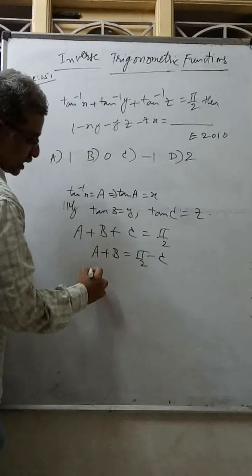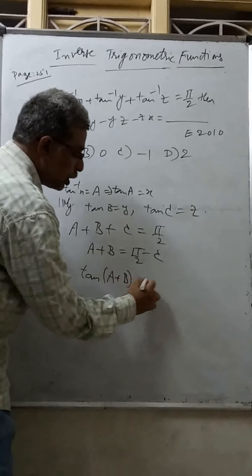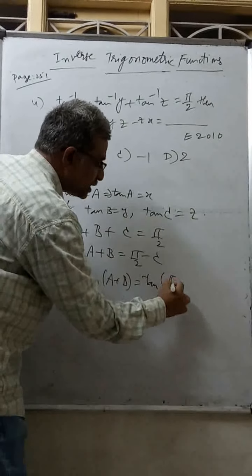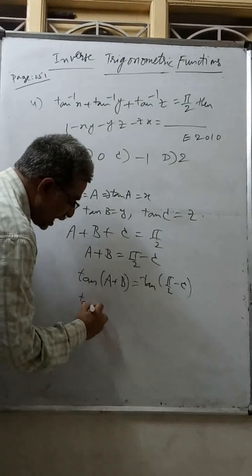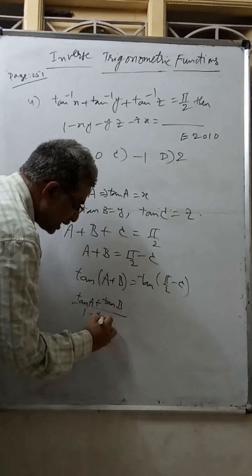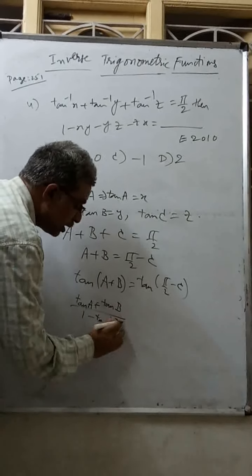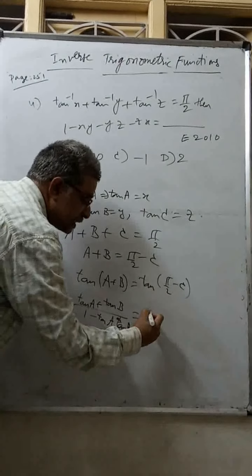Apply tan on both sides, as I told. Means tan of (a plus b) equal to tan of (pi by 2 minus c). So the tan of (a plus b) formula we know: (tan a plus tan b) by (1 minus tan a tan b) equal to tan of (90 minus theta), which is cot theta.